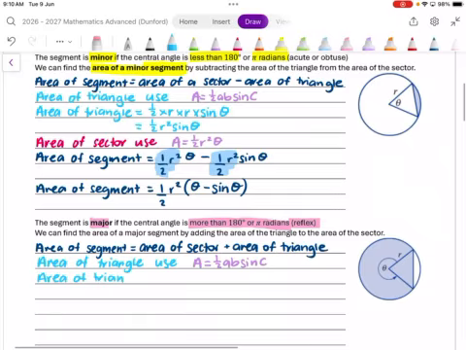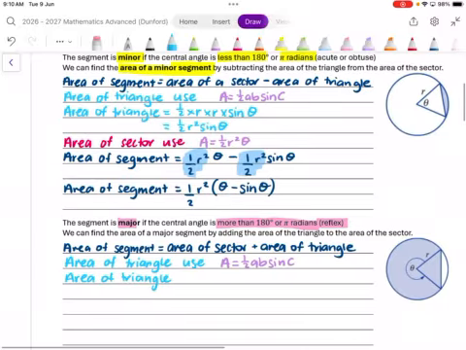So for our area of our triangle, I'm just going to draw my triangle off to the side here. What we have is our two radiuses, okay, but our angle theta is our angle in the segment, not inside our triangle. So that means that our angle inside our triangle is going to be 2 pi minus that little theta in there.